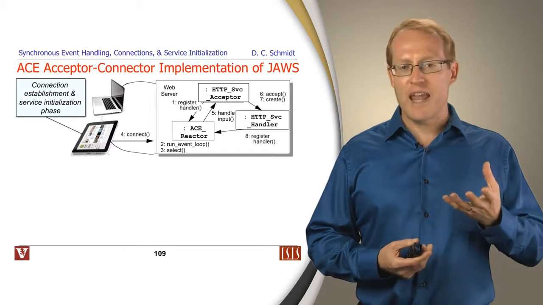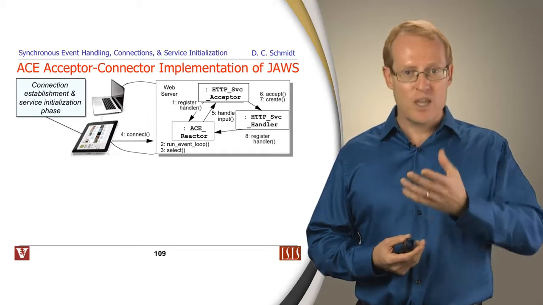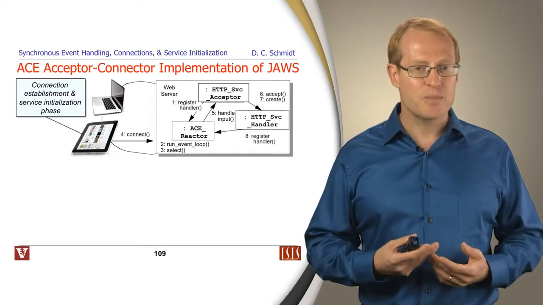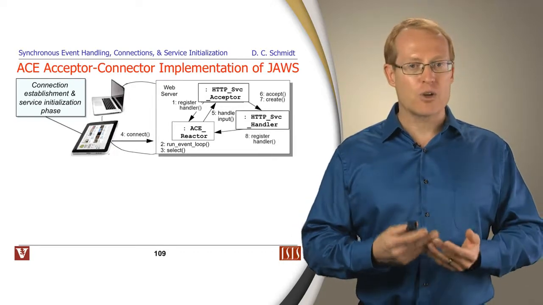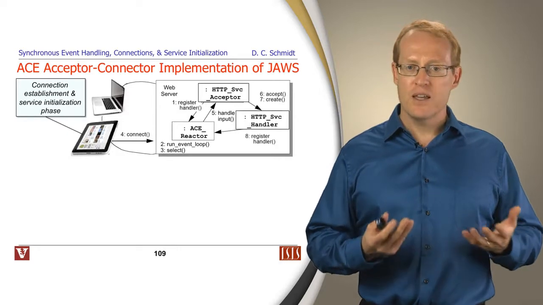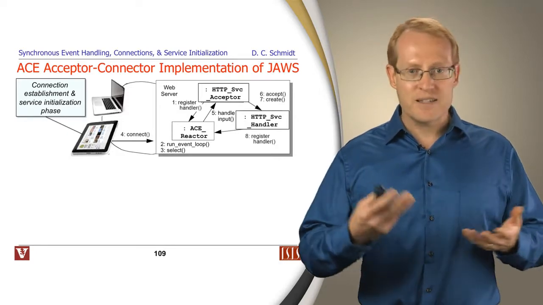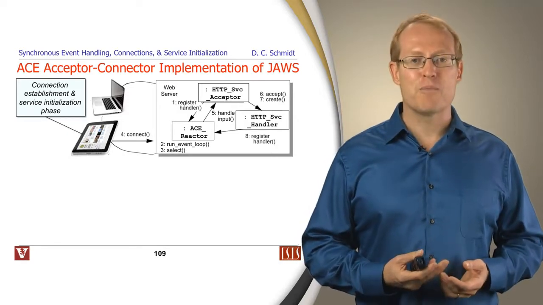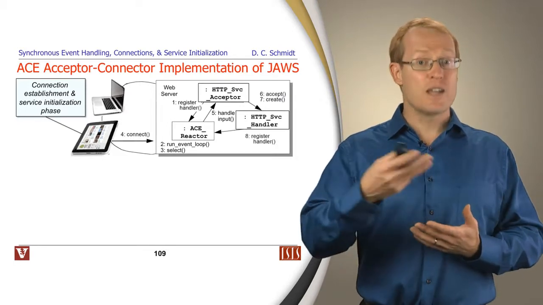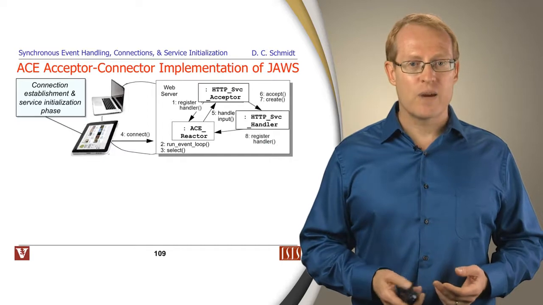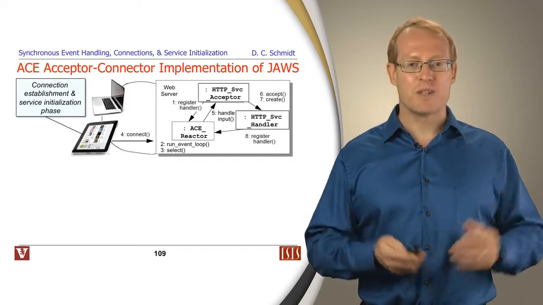So we'll have an HTTP service acceptor shown here, which inherits from ACE acceptor, register itself with a reactor. When a client connects, the reactor calls back to the handle input method of the acceptor, which does that template method processing we talked about before, to create the appropriate service handler, which then registers itself back with the reactor. Everything is purely reactive at this point.